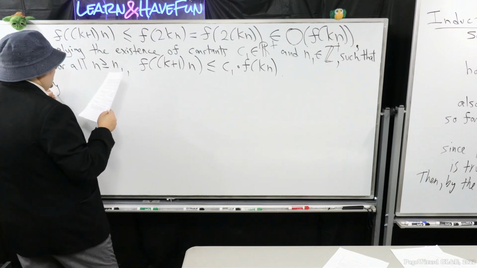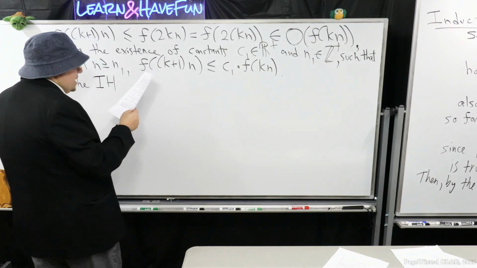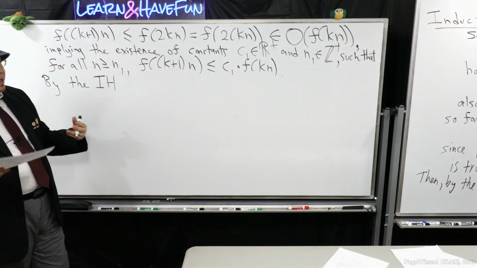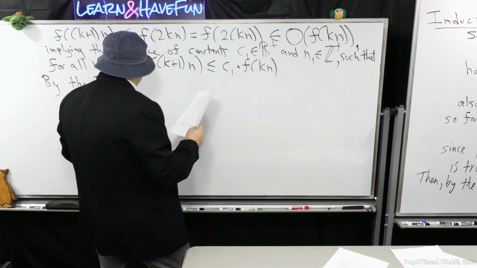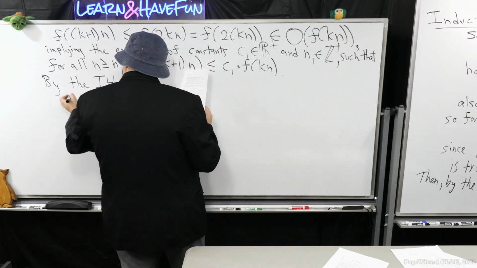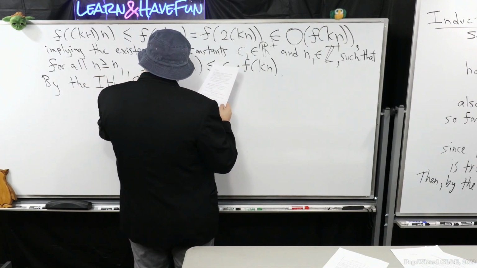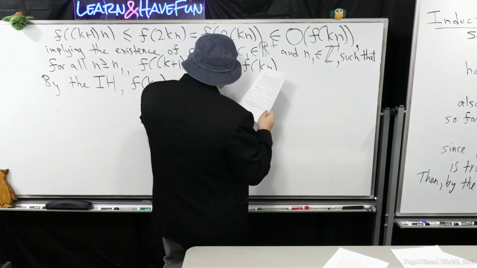So by the induction hypothesis, I'm going to show you how you take a statement involving b of k, and show that b of k plus 1 also holds, presuming that b of k holds. By the induction hypothesis, f of kn is big O of f of n, right?